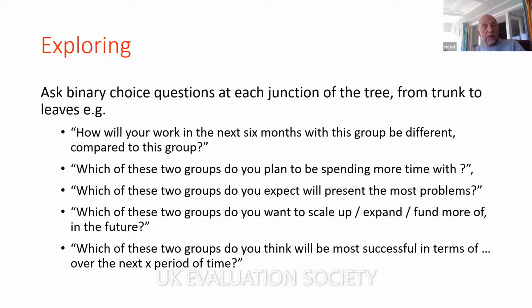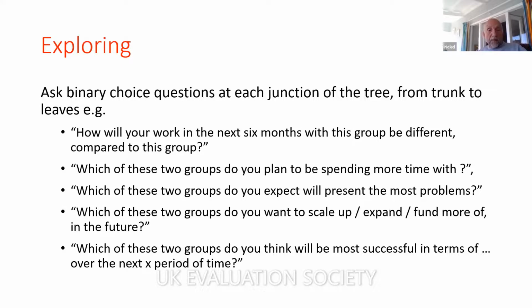Now, once you've got that tree structure, you've got the possibility of moving into the next stage, which is to start asking binary choice questions, starting from the top of the tree. For example, if they were a community organizer, like the example I gave, you could ask: how will your work in the next 6 months with this group, this pile here, be different from this pile over here? Or which of these two groups do you plan to be spending more time with?